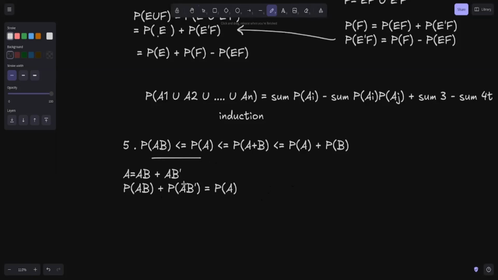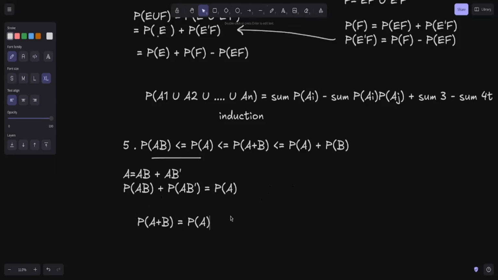Okay, now let's try to see this. We know the earlier formula: P(A+B) is equal to P(A) plus P(B) minus P(AB), right? Now we can write this part as P(A) plus P(A dash B).